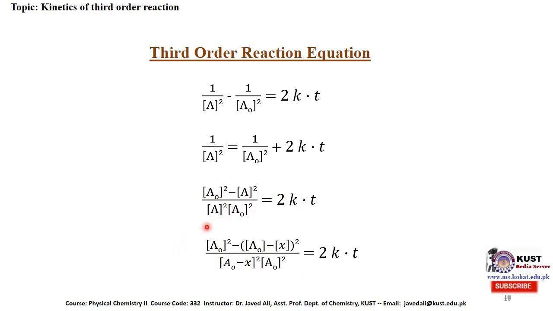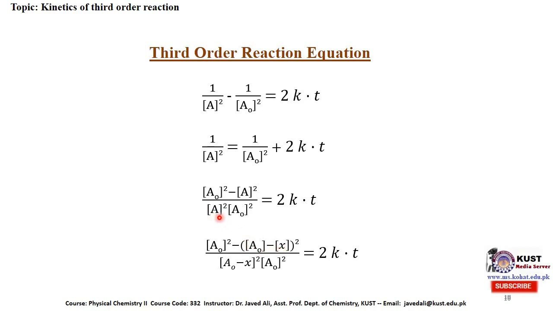Furthermore, we know that A is equal to A naught minus x, because A is the concentration of reactant, A naught is the initial concentration of reactant, and x is the concentration of product. So we can put the value of A as A naught minus x.